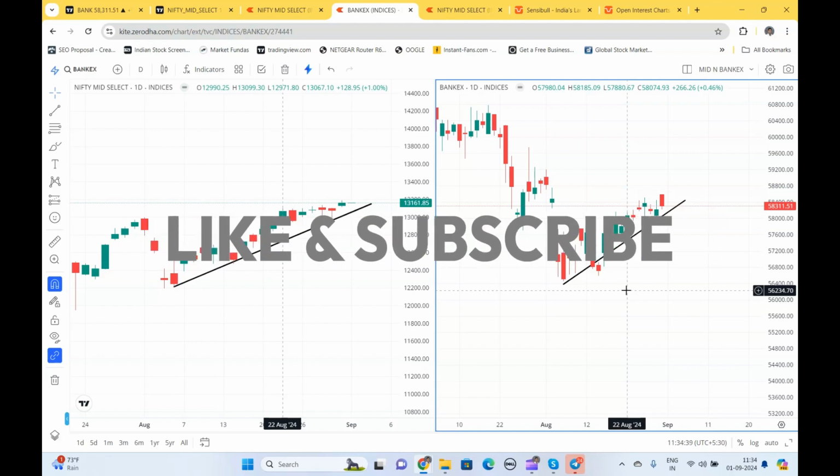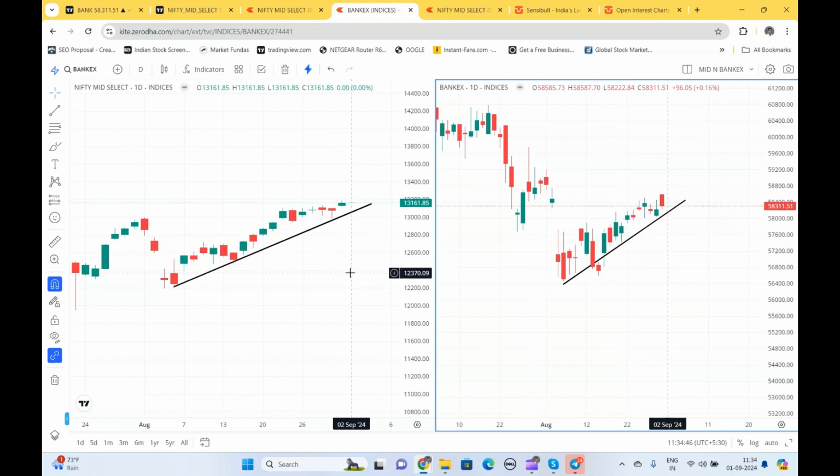It is buy on dip. So it's clear, buy on dip. Whenever you get a dip, please buy. Sell on rise has not come at present, even though the market is at a pretty high.